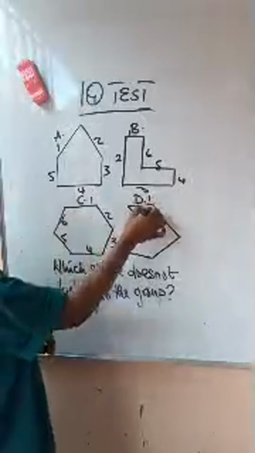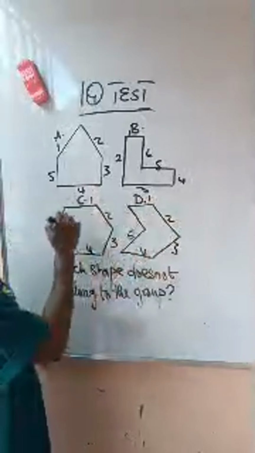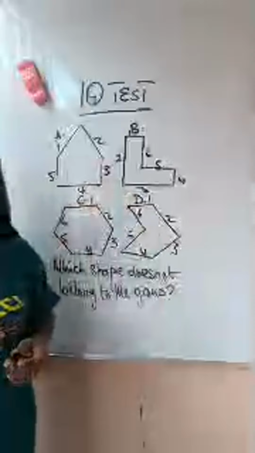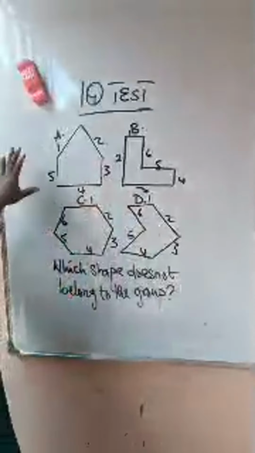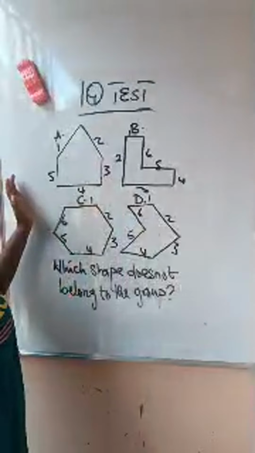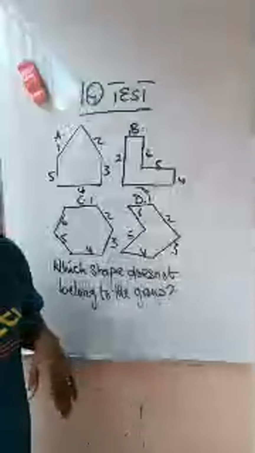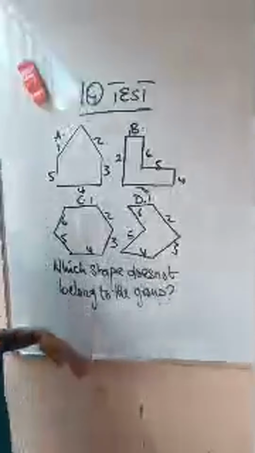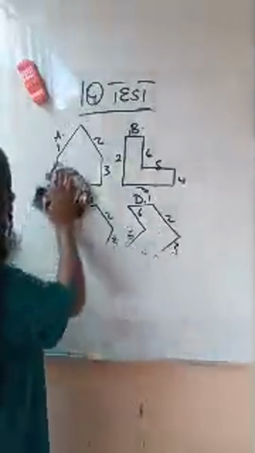And this has 1, 2, 3, 4, 5, and 6. So you can see that the only one that is odd is the first one. It has 5 sides against others, because others have 6 sides each. All right. Another question.